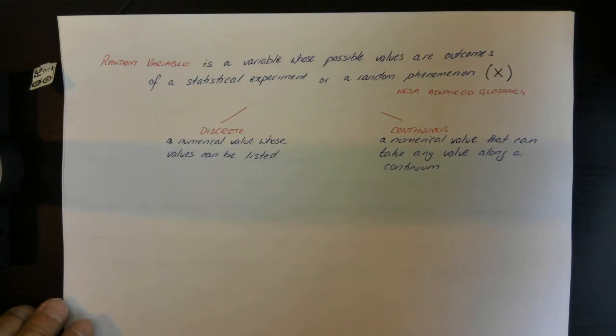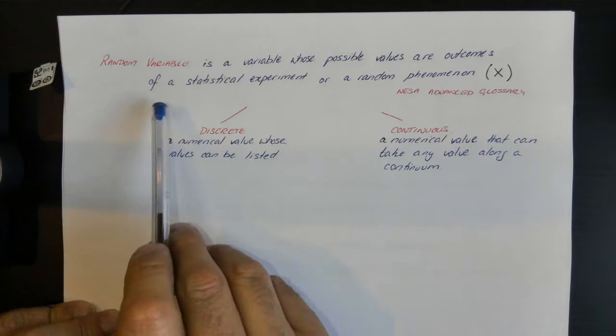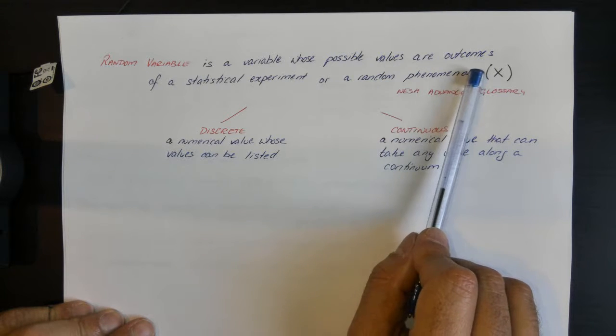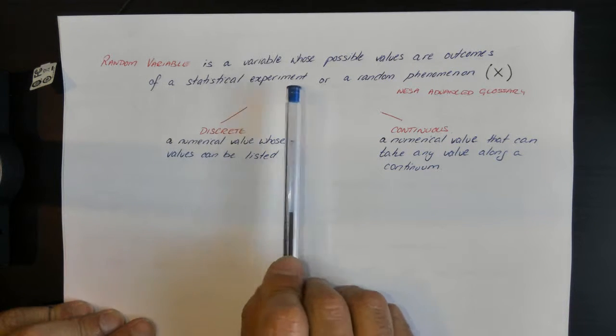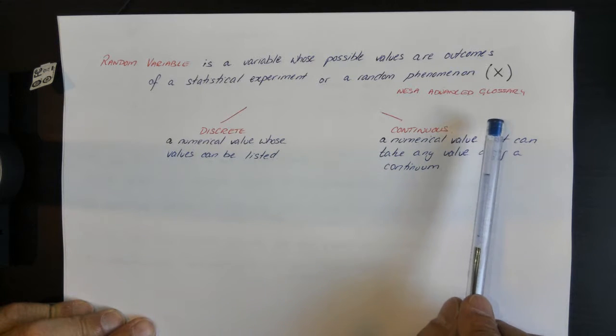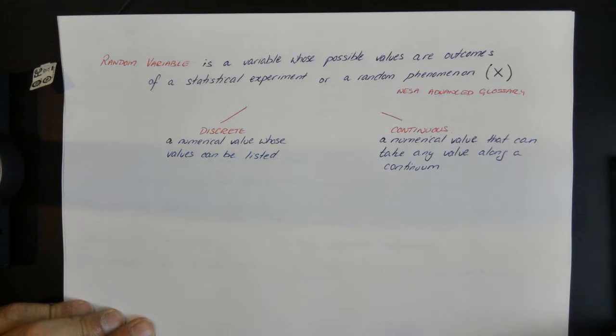According to our NESA Advanced Glossary, a random variable is a variable whose possible values are outcomes of a statistical experiment or a random phenomenon.